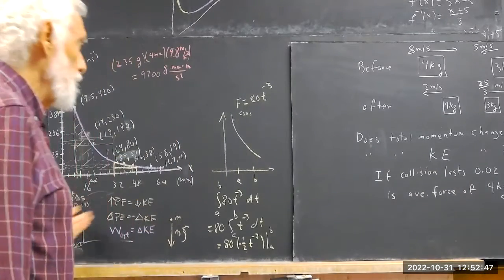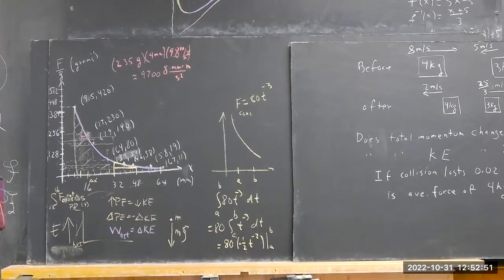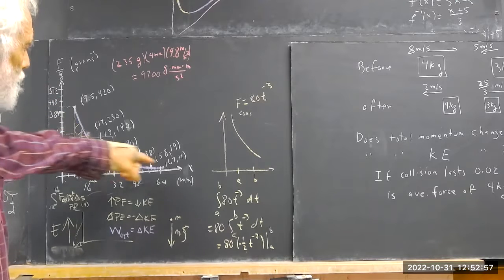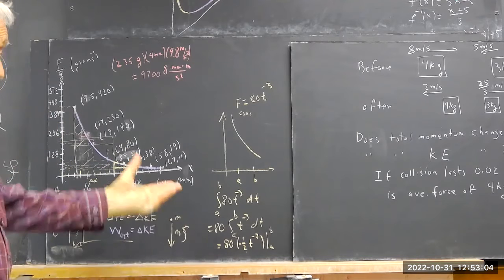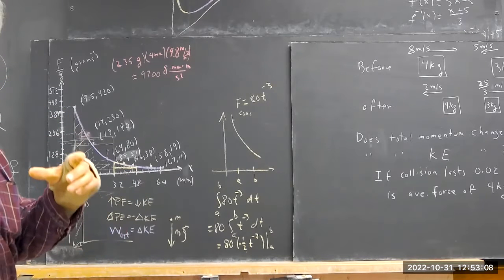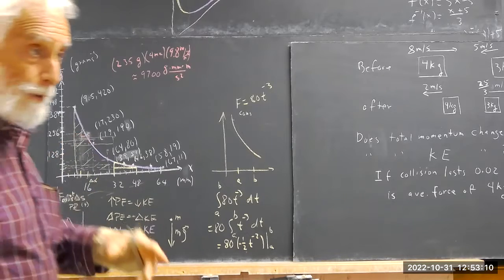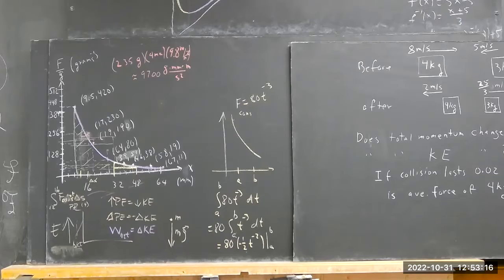Just another quick comment before we dive into this. Remember the whole picture? Everybody understood it pretty well. If you have a force versus position graph for a conservative force, and this is a graph that pretty closely models the force between two magnets, and where my two magnets go, I can actually hold them up with it.